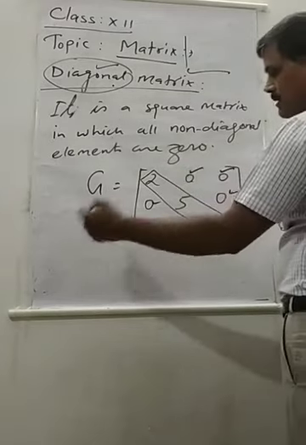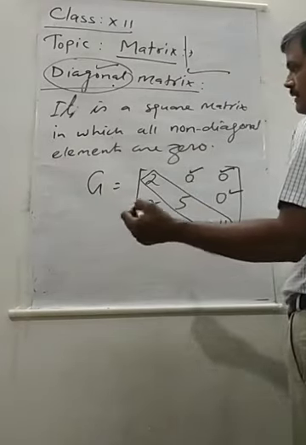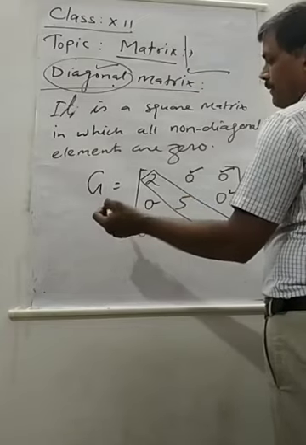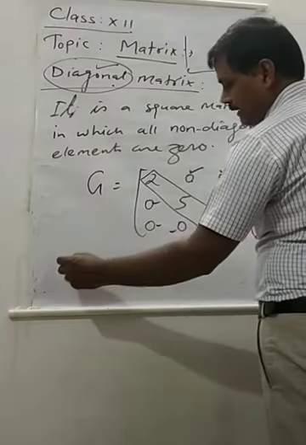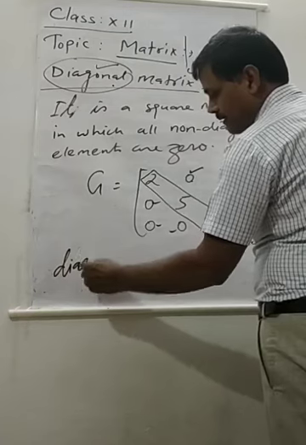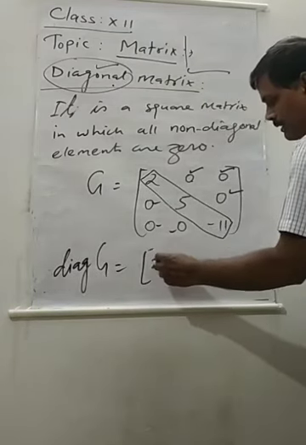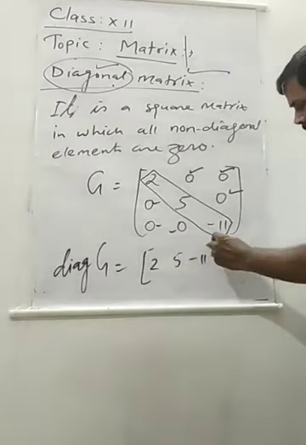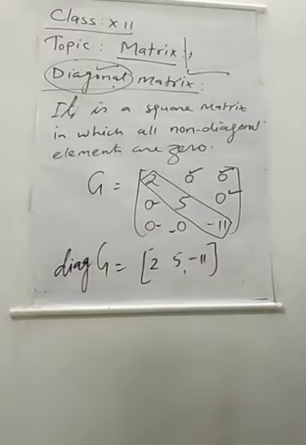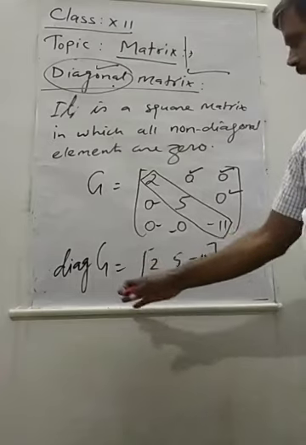Children, we have another symbol also, another way in which we can write the diagonal matrix. Diagonal matrix G is equal to, only the diagonal elements are written, because one knows that all other entries will be zero there.